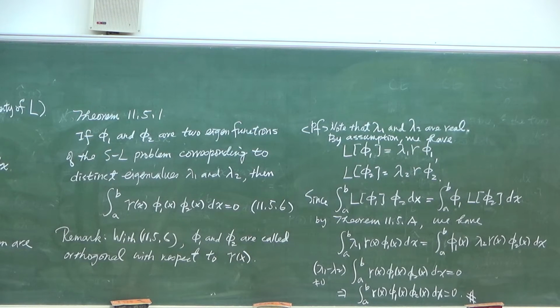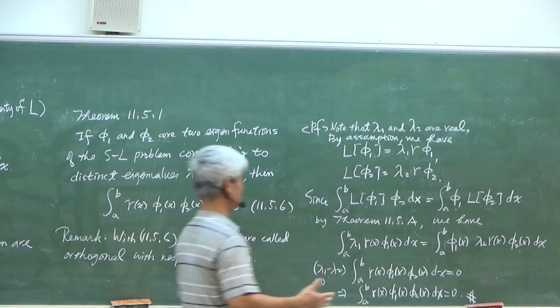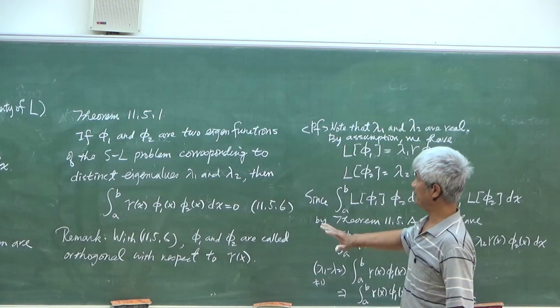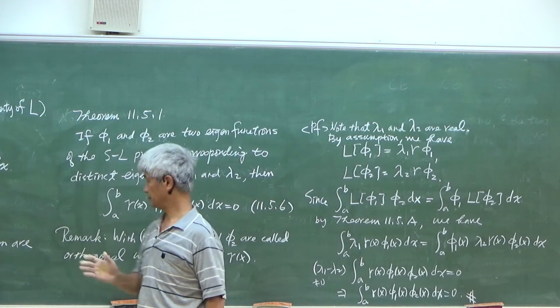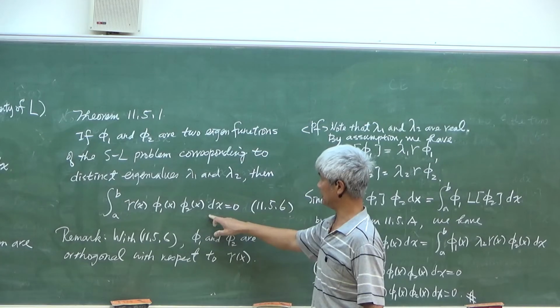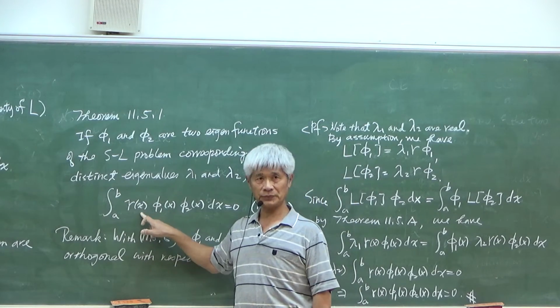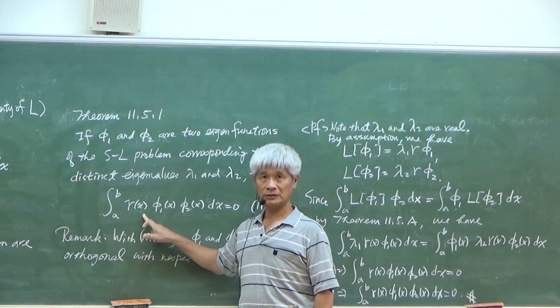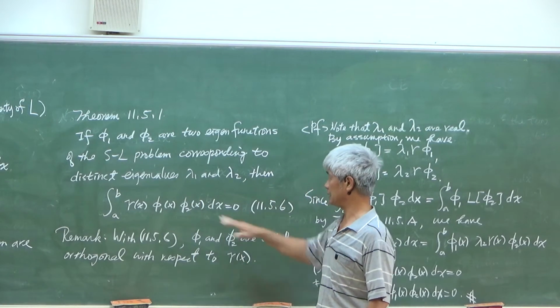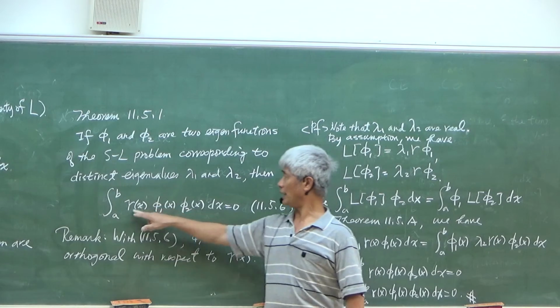Any questions? All right, so actually we already answered our question from the beginning of this section, that we extend the concept of orthogonality. The orthogonality is extended this way, that we put a function r x here. The original concept of orthogonality corresponds to r x equal to 1.